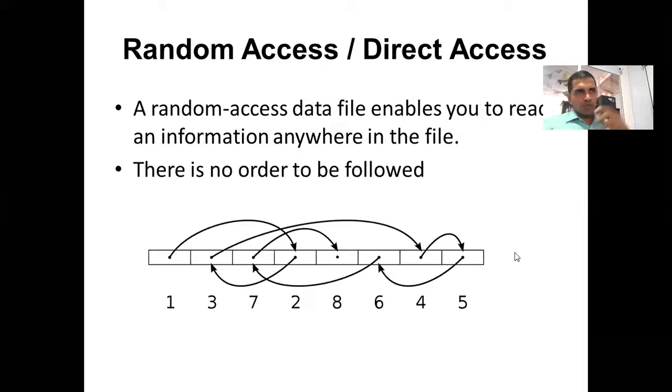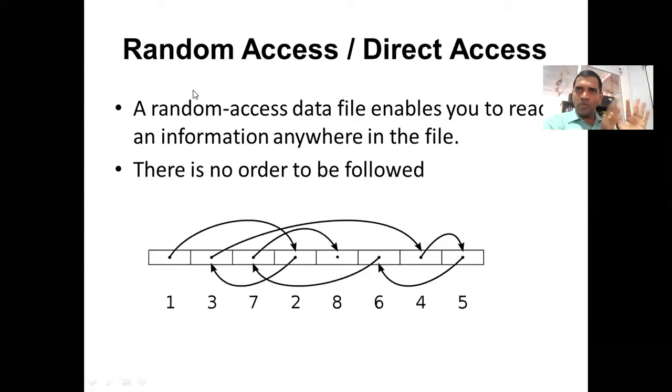But if it is random access, we don't have such issues. You may access any record directly at any time, right? If I take my example again, you have 1,000 records, 1,000 details of students. You want to access someone's which is entered as 100, right? Now, if you use random access technology, without spending much time, you can go to the 100 record directly and access it. You can read it, right?